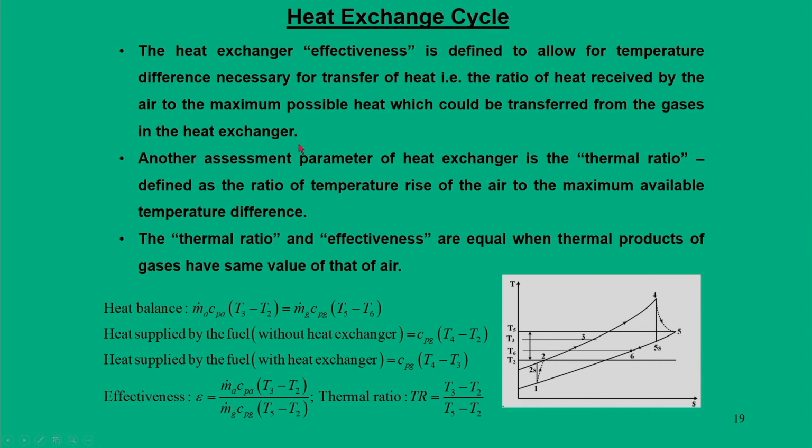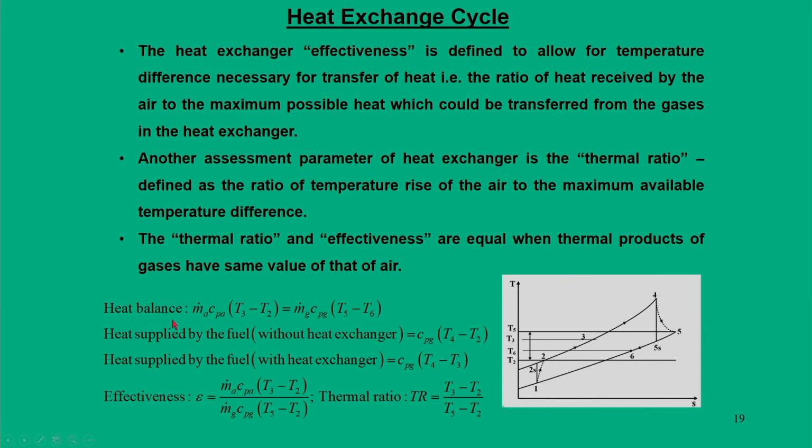That means we have an available temperature difference. With that available temperature difference, we have a certain quantity of maximum heat transfer possible, but due to a variety of reasons, we are not going to tap the exact amount of that heat. So, to have some kind of estimation, we define this heat exchanger effectiveness.